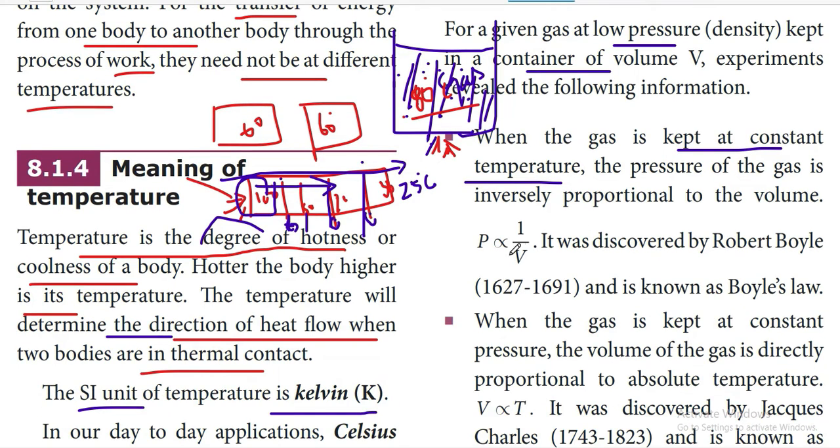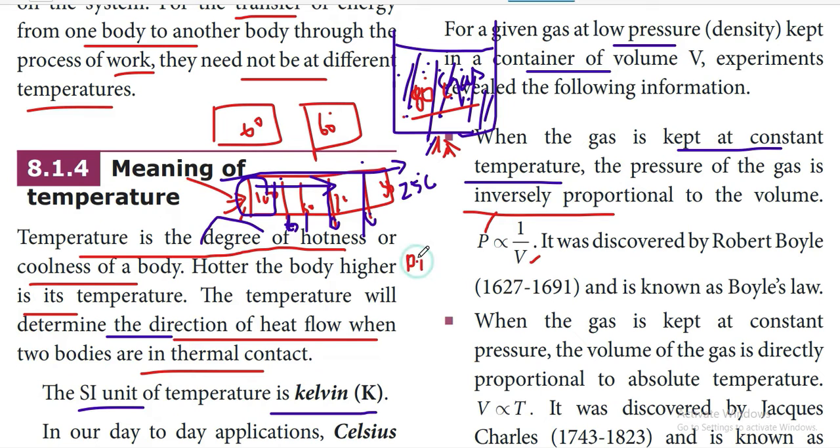So what is the pressure? It is inversely proportional. The meaning of this is, when pressure increases, volume decreases. That is called inversely proportional. When volume increases, pressure decreases. Pressure is inversely proportional to volume.